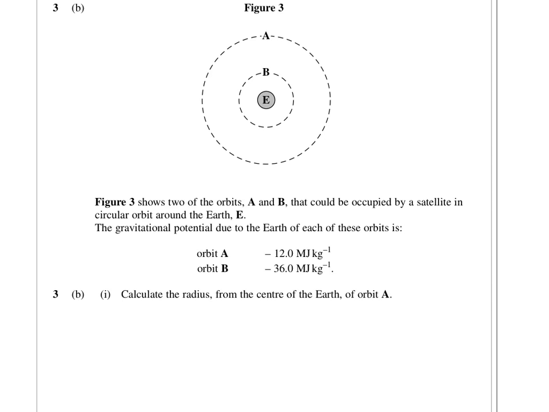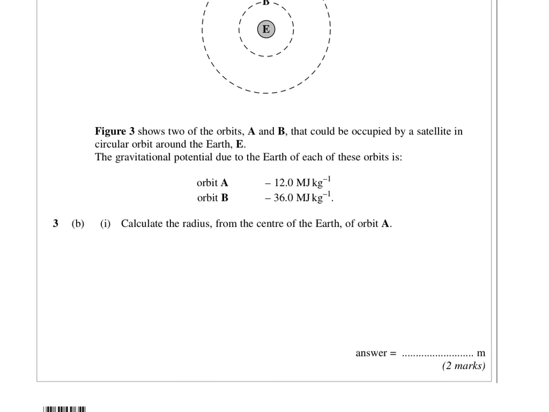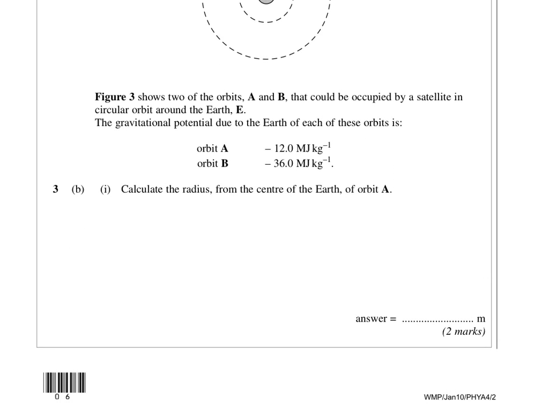We've got two orbits A and B, which can be occupied by a satellite. Gravitational potential due to Earth of each of these orbits is given.